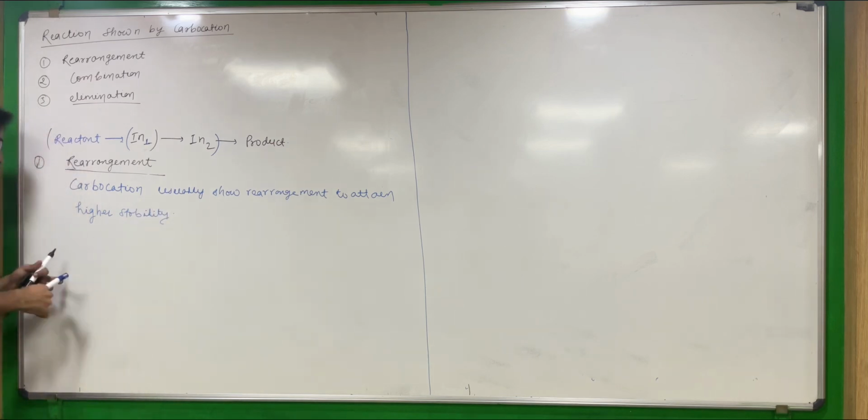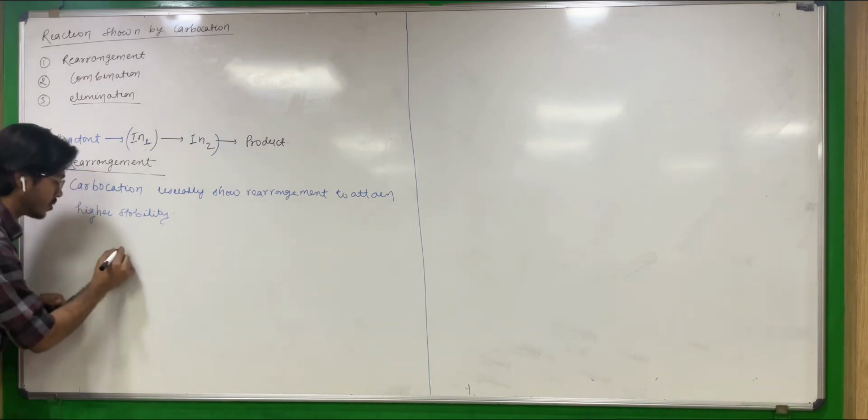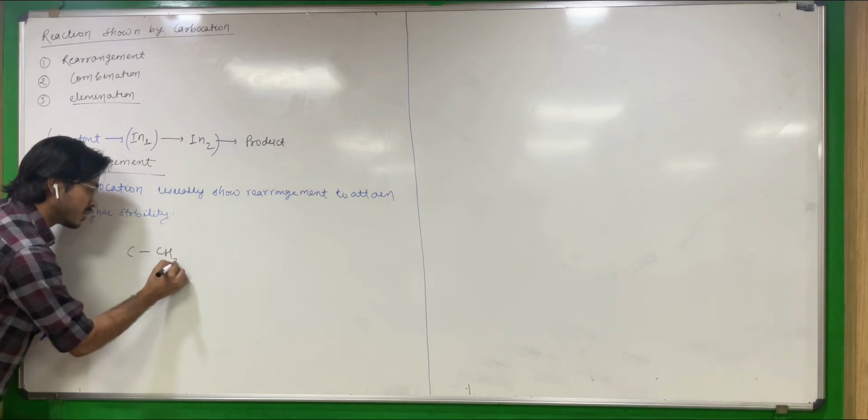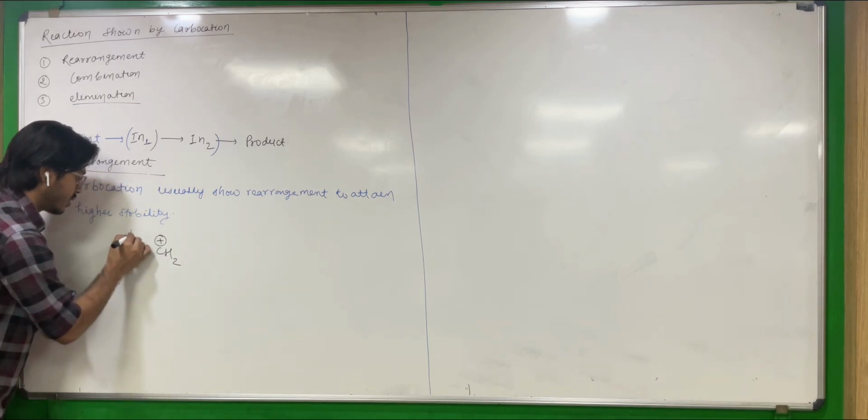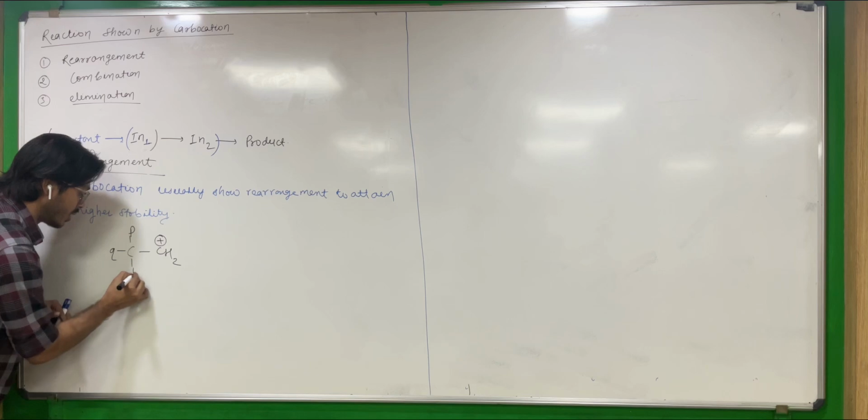I will take one example of a carbocation. See, suppose this is the carbocation here, C, CH2 plus. Here three groups are there: P, Q, R.